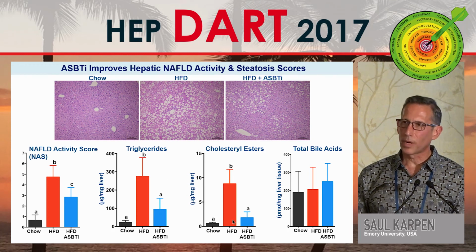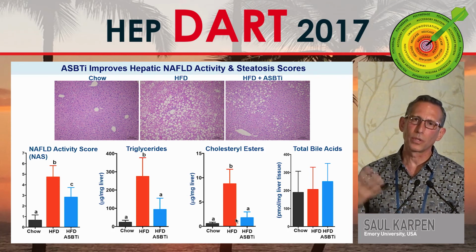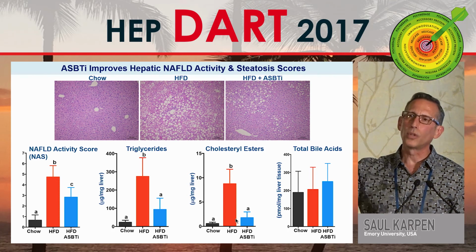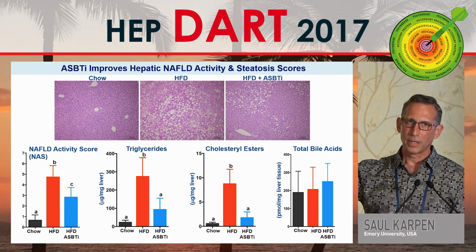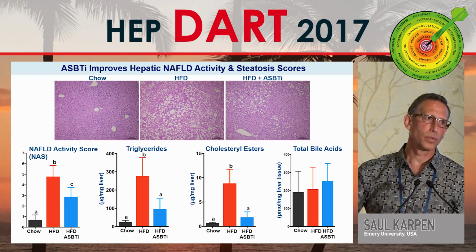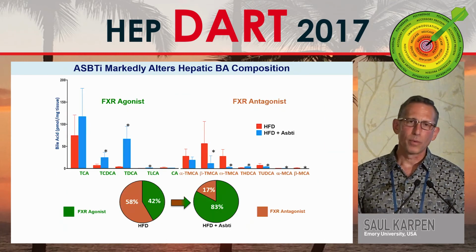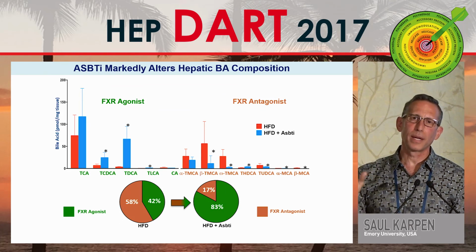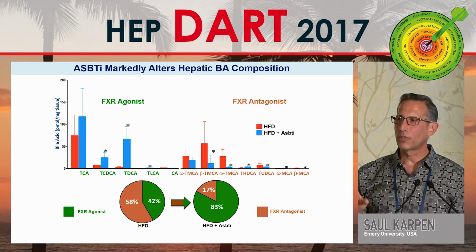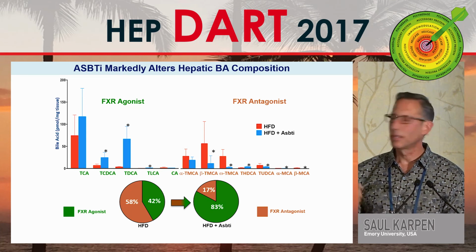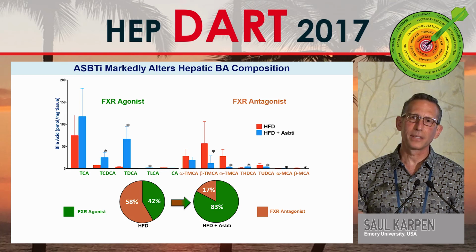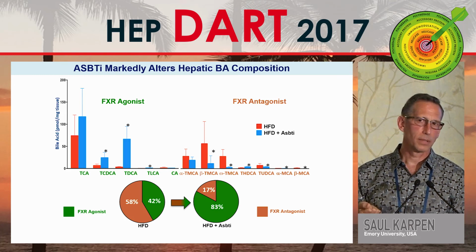And what we think is part of the process here is that cholesterol accretion is also reduced in these livers, and that also leads to an improvement in liver biology. Finally, what we found was that the composition of bile acids became more FXR agonistic, and so through ASBT inhibition, the liver was seeing more FXR agonists naturally from this.